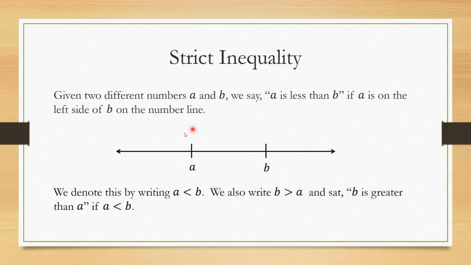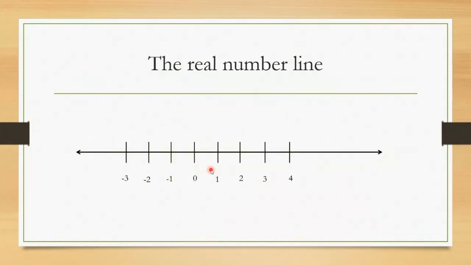Visually in this picture, if A is on the left side of B on the number line, A is less than B. The whole idea is the further to the left you are, the smaller the number is.